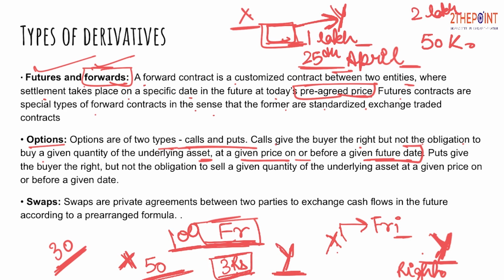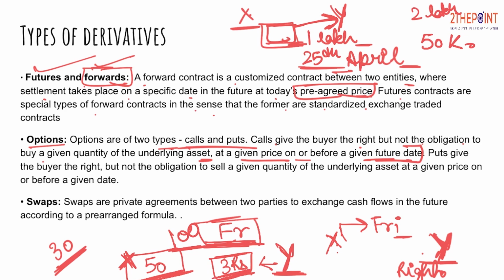So Y, getting to know that the movie is a flop, will not buy the movie ticket at rupees 50, which they decided. The only loss which Y suffers in case the movie is a flop is rupees 3.